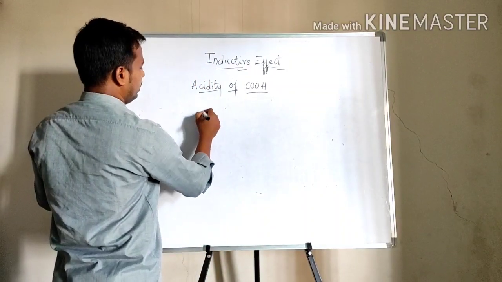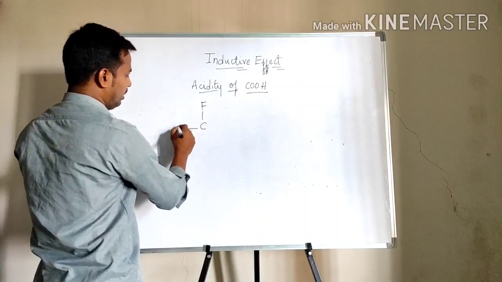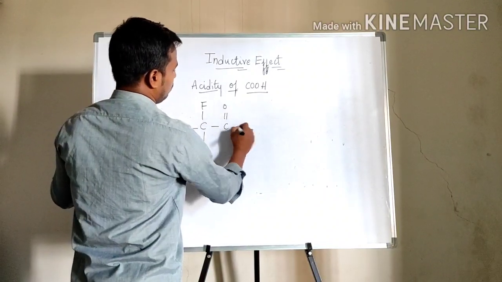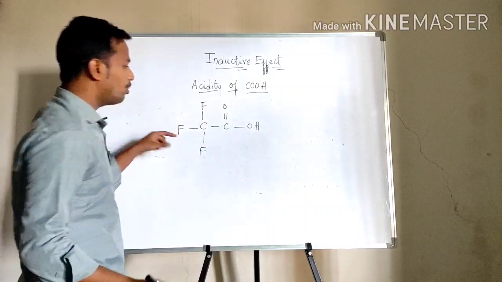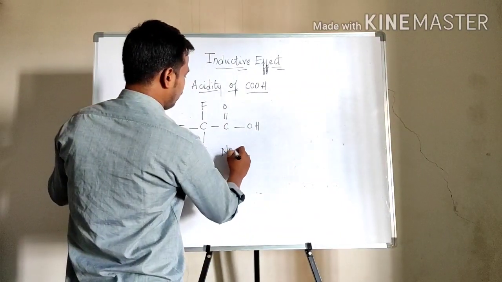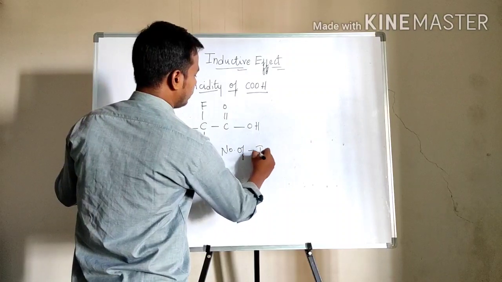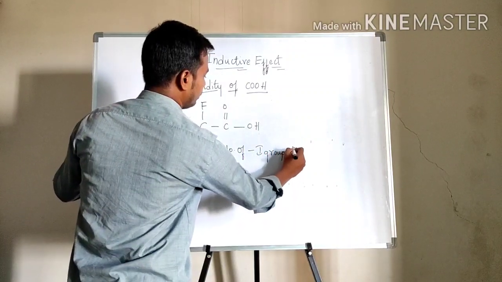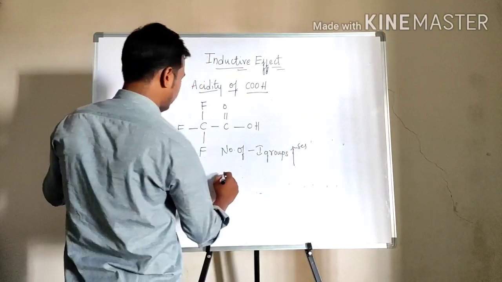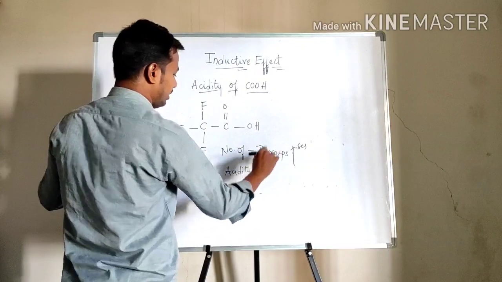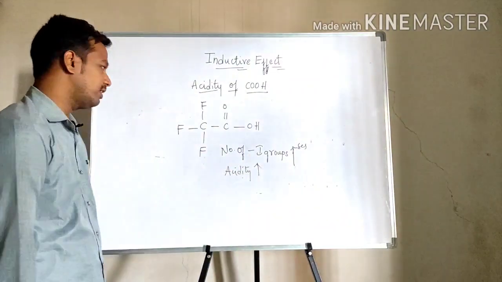So all the hydrogen atoms are replaced by fluorine atoms, C double bond OH. So more number of I groups. Now we can say number of minus I groups increases, acidity is further increased. Why?